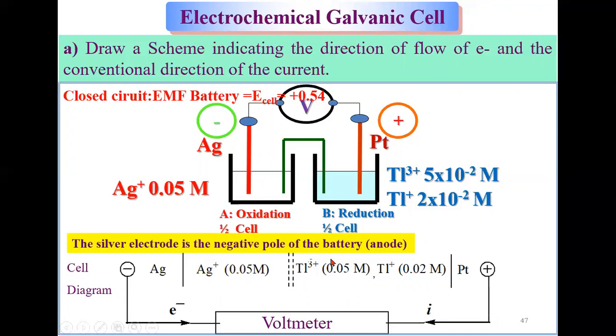On the other side, we have tellurium and tellurium plus. Sometimes they don't really worry about which one they put first, but it's always better to put them in the form of a reduction. So the 3 plus, the ox, becomes the red, the less cationic, because this is the order that they come in the reaction of a reduction.